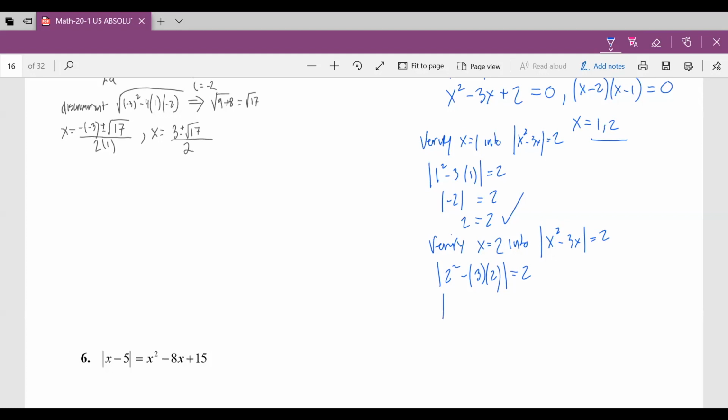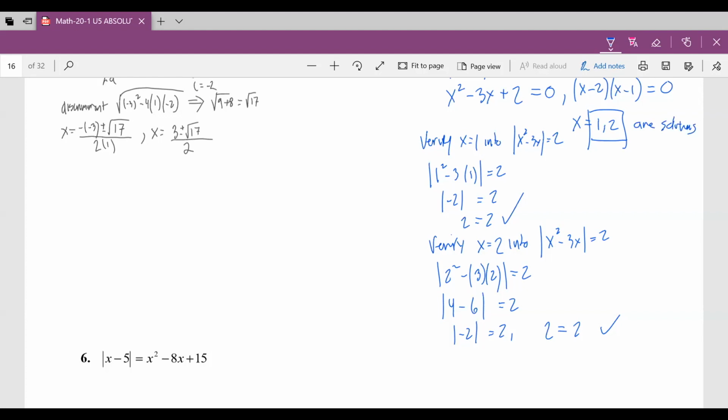Well, 2 squared is 4, minus 3 times 2 is 6, which gives the absolute value of negative 2, equals 2. And yep, 2 equals 2. All right, so far, both x equals 1 and x equals 2 are solutions.